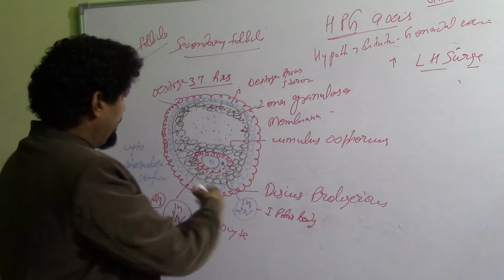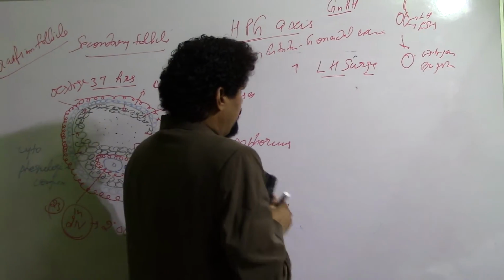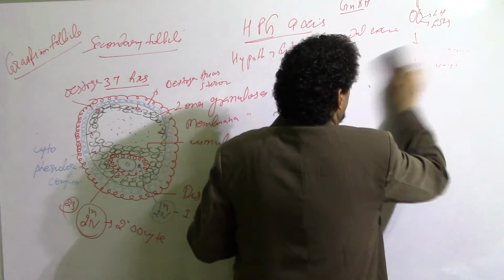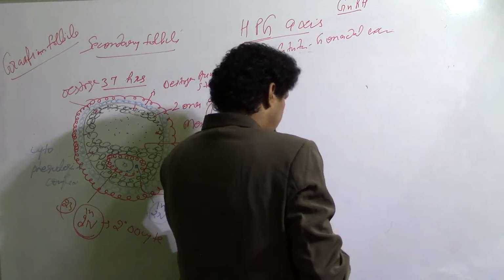This Graafian follicle spans almost all the cortex of the ovary.